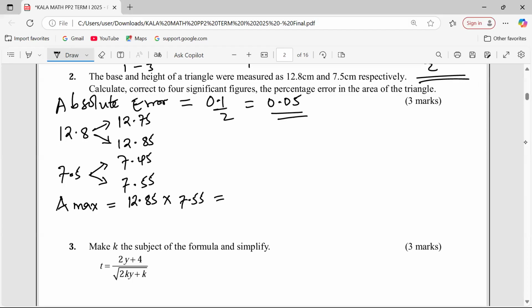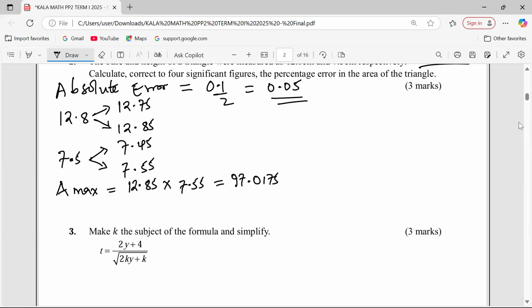This one shall be 97.0175 square centimeters.